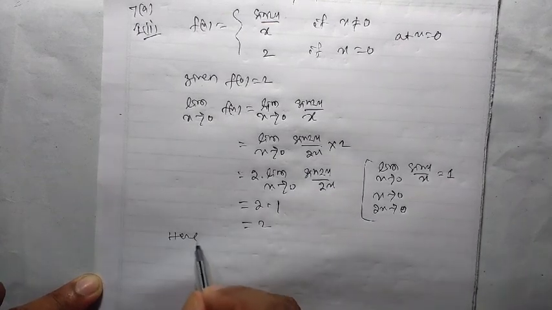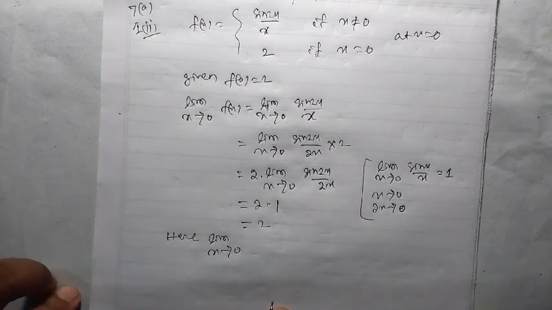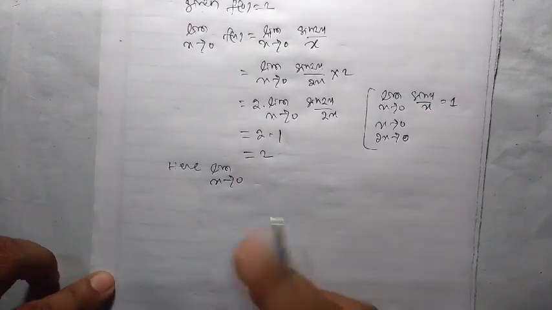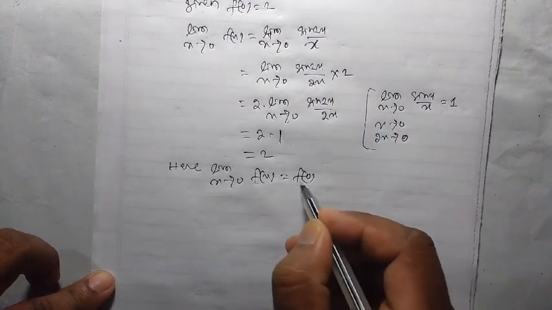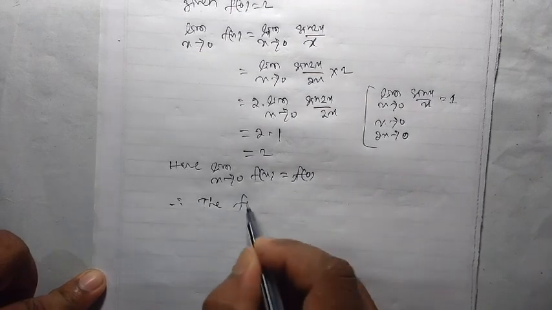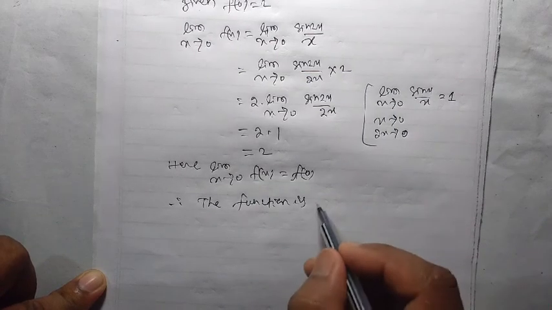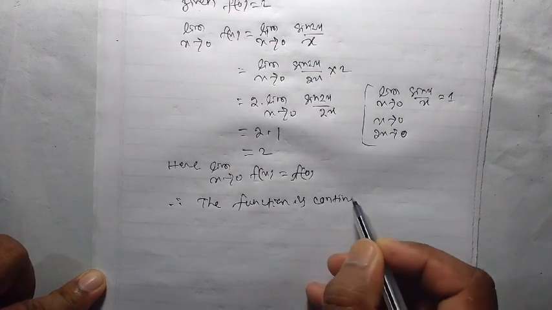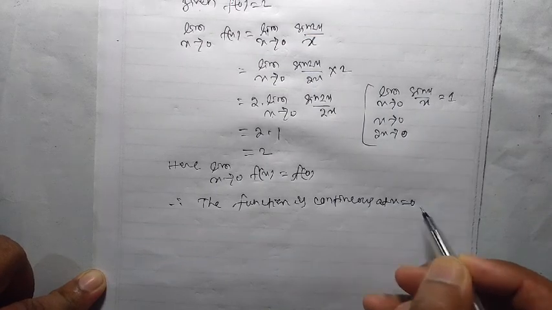Here limit x tends to 0 f of x is equal to f of 0. Therefore the function is continuous at x is equal to 0.